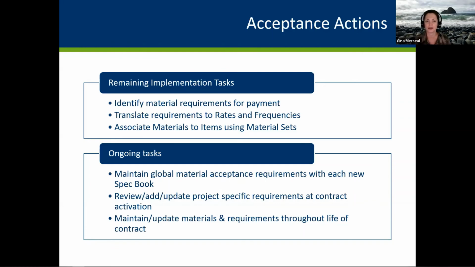Okay, so your first one is, how will acceptance of material work as it relates to specifications such as density of grading and base material accepted by ordinary compaction? So Rachel, I'll fumble through it and then you can clean it up for me. I think this is what Rachel talked about, creating all these global acceptance actions.